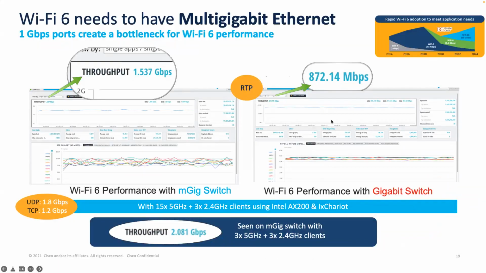Okay, the next topic is multi-gig Ethernet. As you know, Wi-Fi 6 provides faster wireless speeds, but at the same time, the 1 gigabit infrastructure becomes the bottleneck for better performance. For old buildings with legacy cabling, both changing the cable infrastructure and building a new one are relatively complex and expensive.